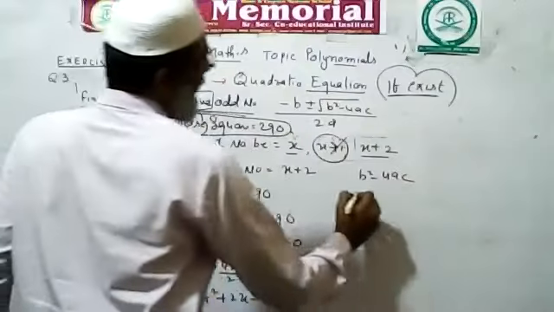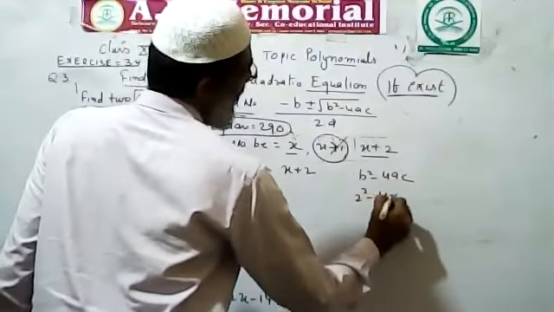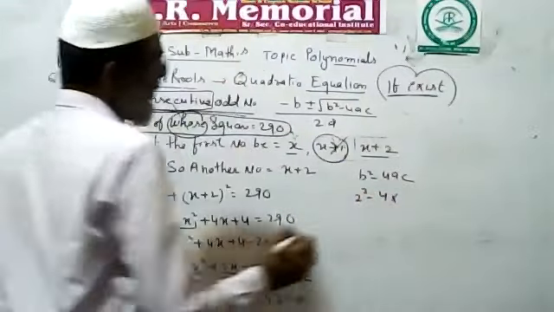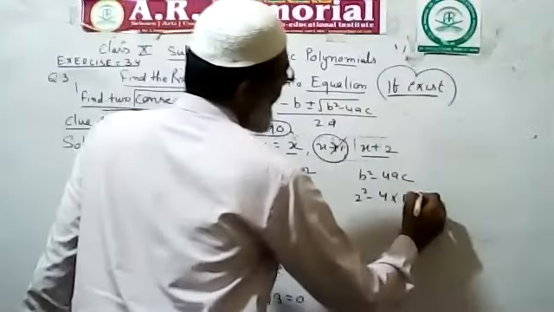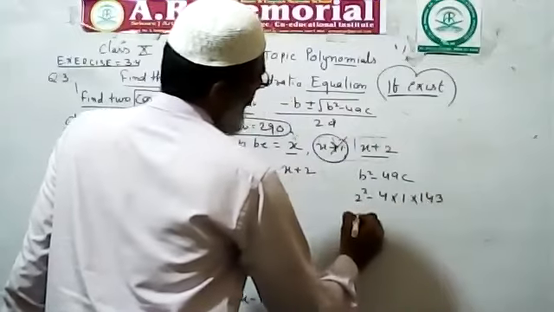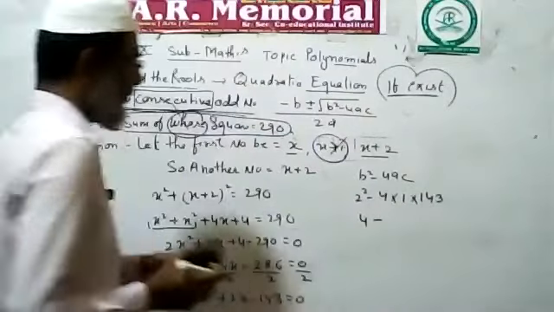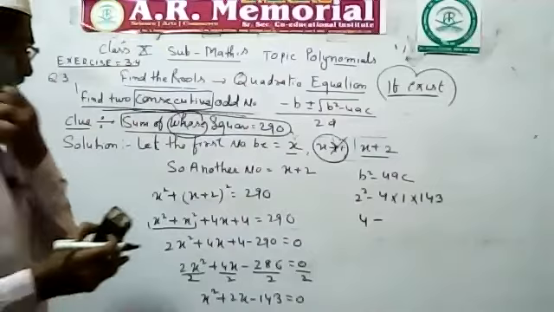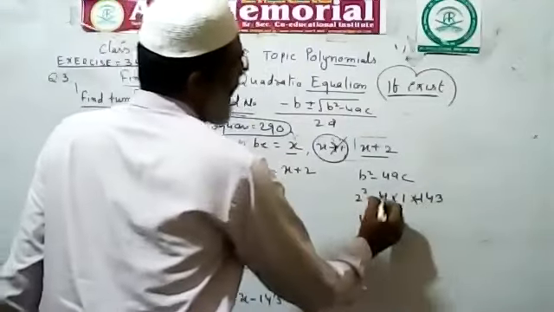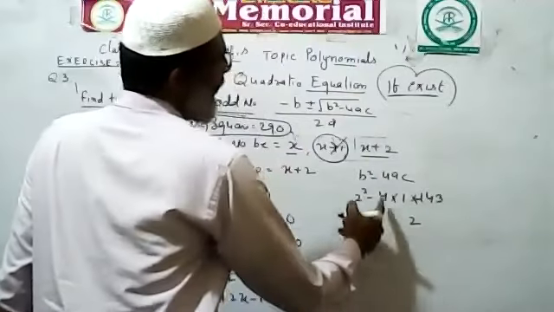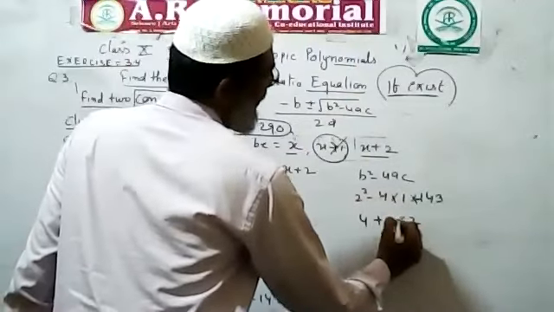This 2 is there: 2 square minus 4 into a. Where is a? A is 1. And where is c? 143. 4 minus, this is also negative, so the result will be positive. 4 times 3 is 12, 4 times 4 is 16.